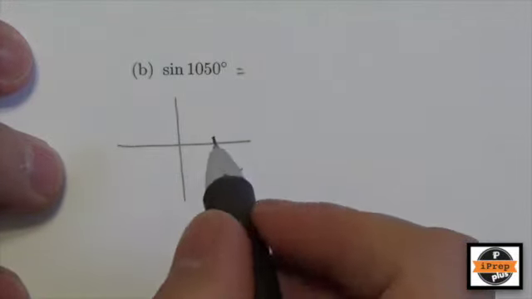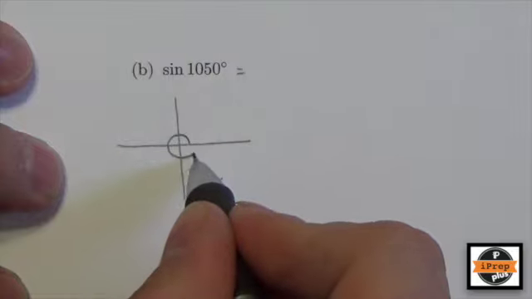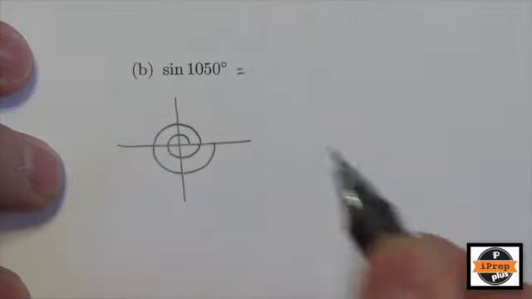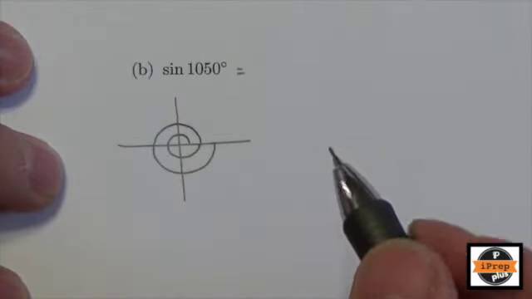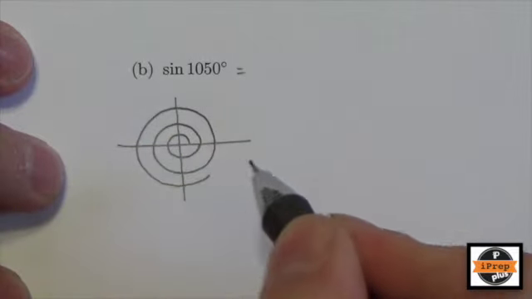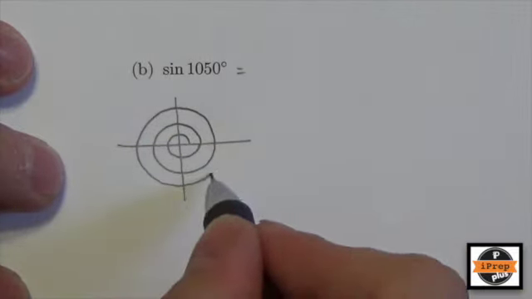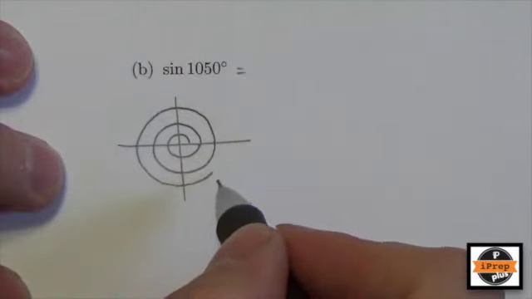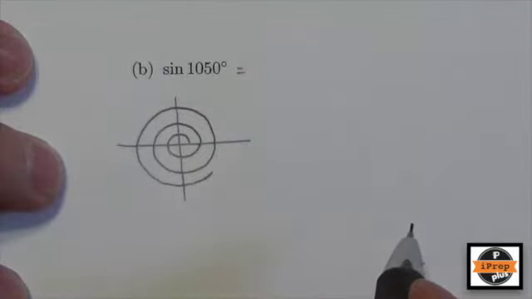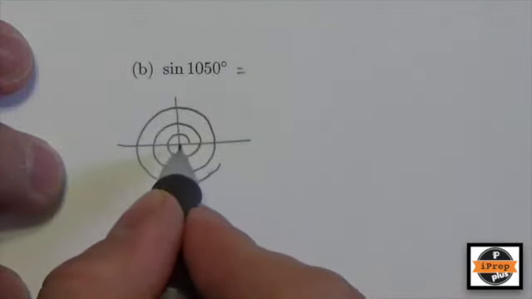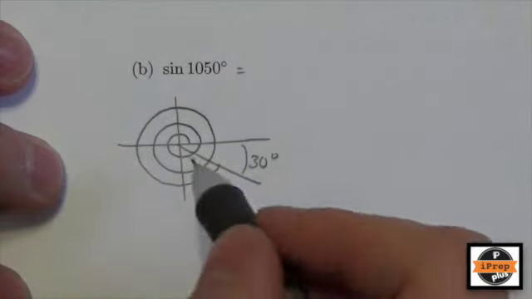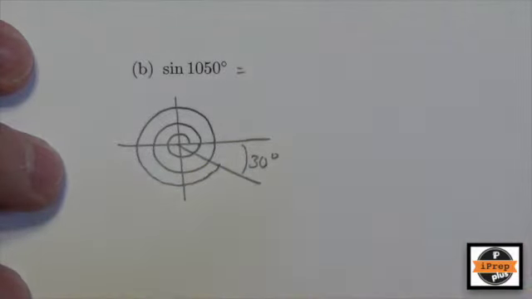So here's going to be 360 degrees, 720 degrees, and actually I don't think we get quite around. Another full rotation would have put us at 1080, and so we're not quite there. 1050 is actually going to be 30 degrees short of the 1080 that I would have gotten for a third rotation.